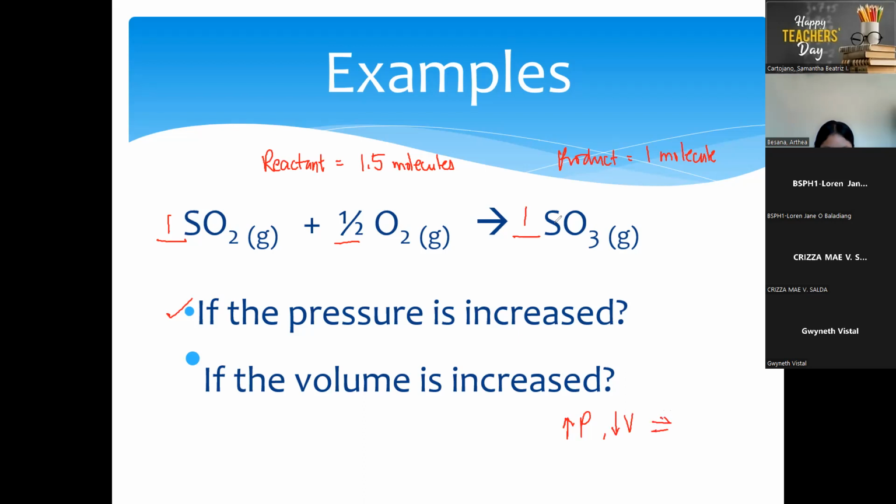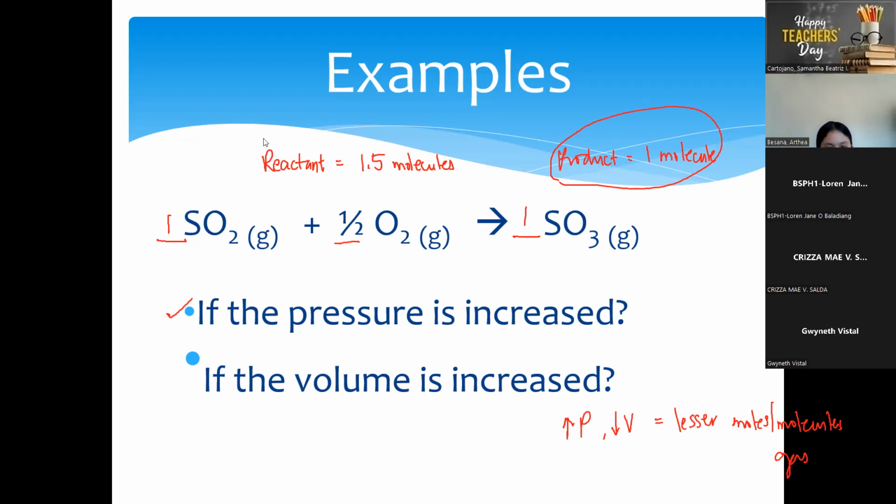Saan daw mag-shift yung ating equilibrium ng system? Sa may lesser na molecules, ma'am. Okay, lesser moles or molecules ng gas. So saan yun siya? Dito na side. Kasi 1 molecule lang siya on the product side.